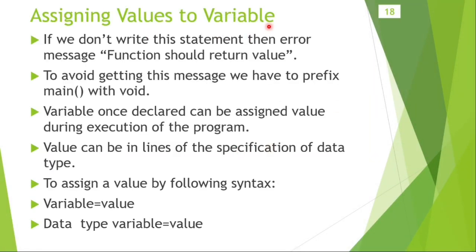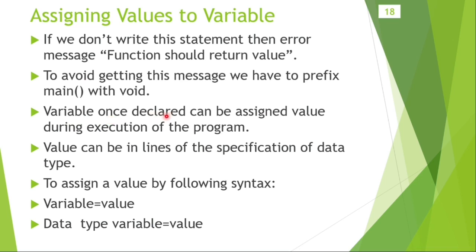If we don't write this statement, then an error message will come, function should return a value, so return 0 and semicolon should be given. To avoid getting this message, we have to prefix main with void. So we write void main.